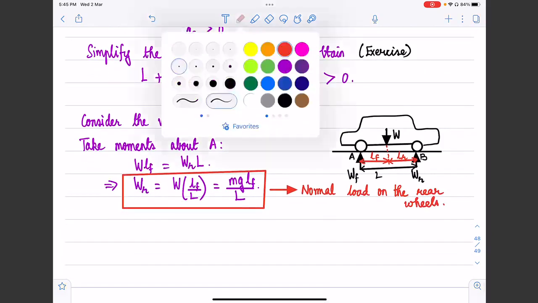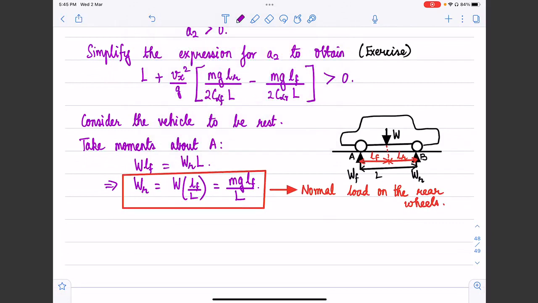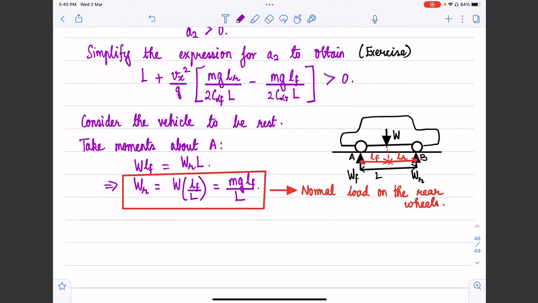We can get that by taking moments about point B. Or we can do it in a slightly different way. We also know that this is stationary, so W equals WF plus WR. So the static load on the front wheel is going to be equal to W minus WR. Of course, one could also take moments about point B and get the same expression.